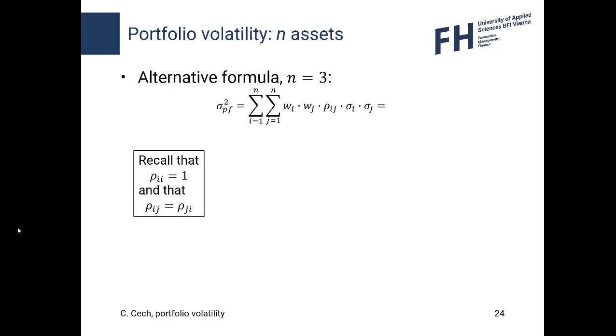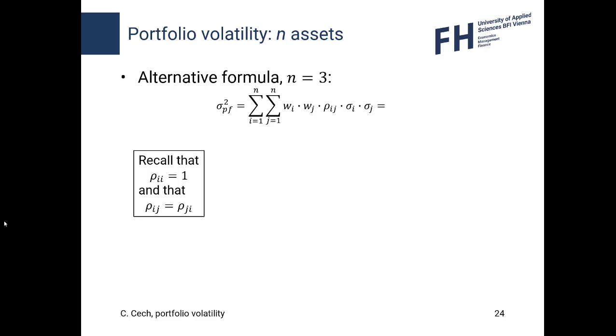And one thing that you should consider here is that the correlation II, the correlation of the same thing, like rho 1, 1 or rho 2, 2, is equal to 1. And you should also consider that rho ij is the same like rho ji.